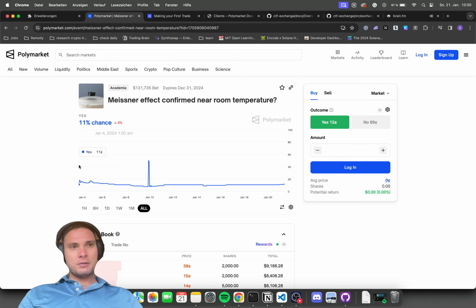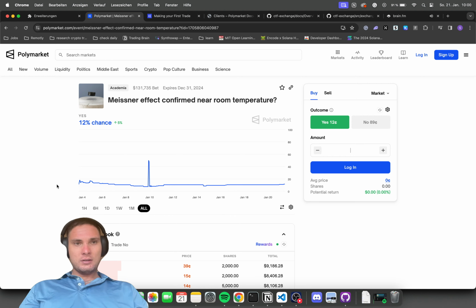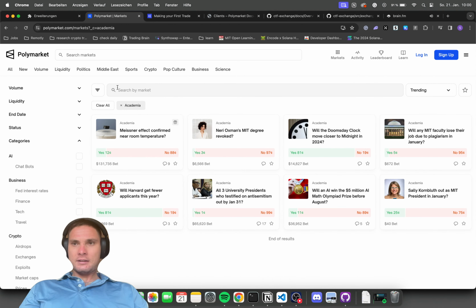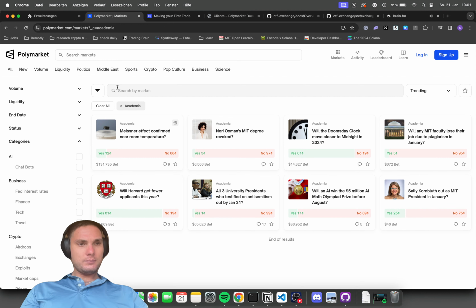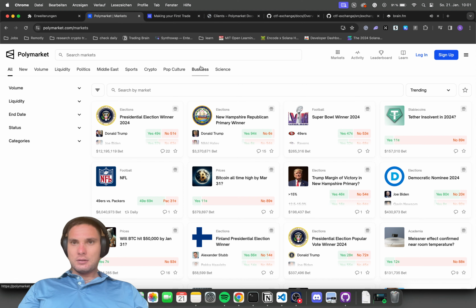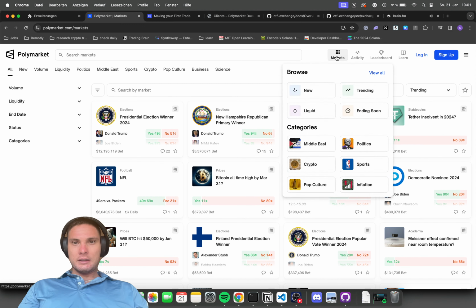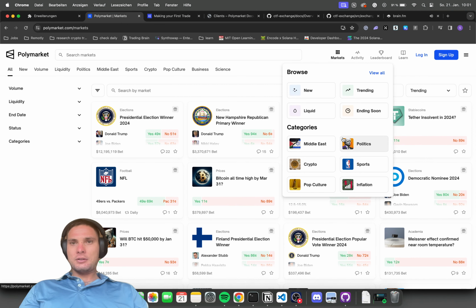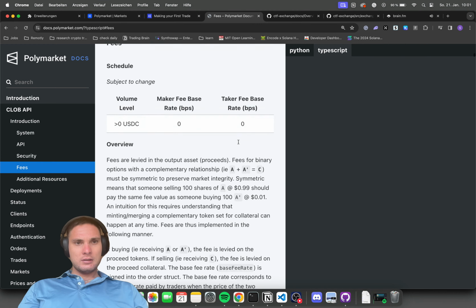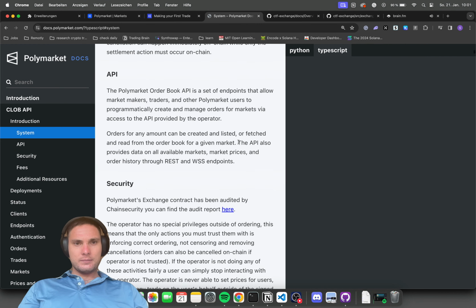And what I'm interested in as well: can you create your own markets, or are they all provided? Because they need to somehow verify the outcome.